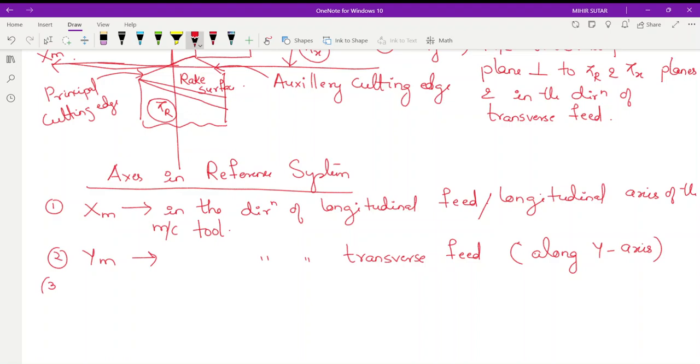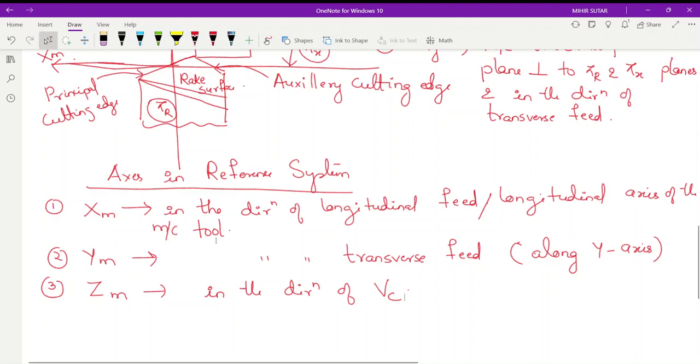Third is ZM. ZM is in the direction of where velocity VC will be there. Always remember this. In the direction of velocity vector VC, where there will be velocity, there your axis will be ZM. Okay, it always follows your right hand thumb rule.